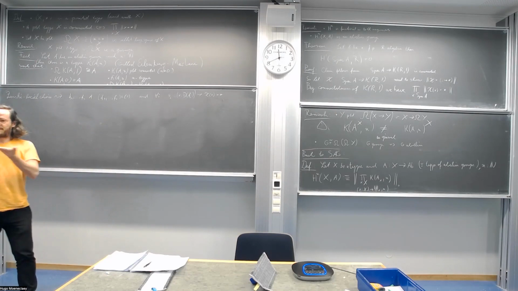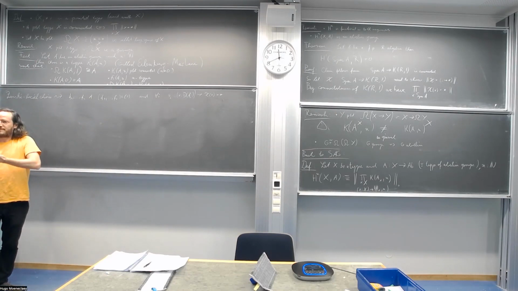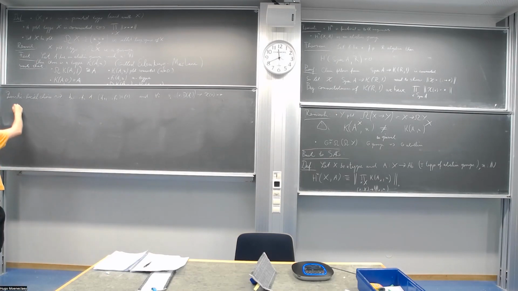Okay, so how can we do this? First, we look at the differences on intersections of our cover where they don't agree. So a difference like this can be defined by writing this.